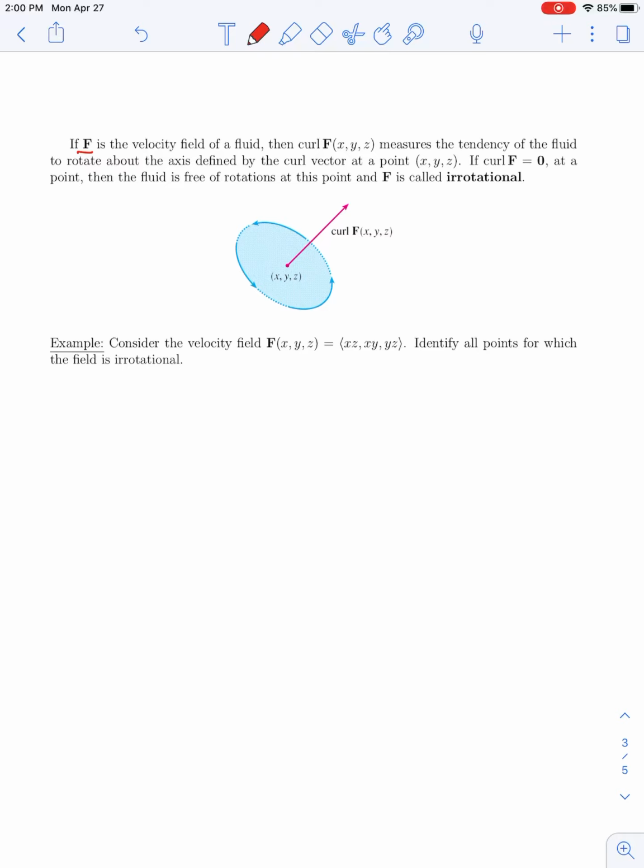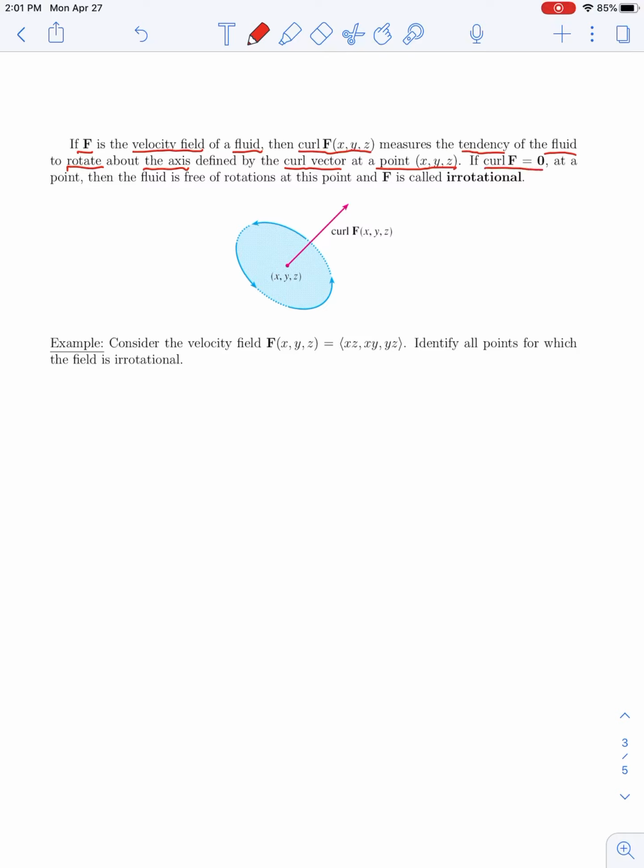Again, if we think about f as representing the velocity field of some fluid, then the curl of that field, which is itself a vector field, is a measure of the tendency of that fluid to rotate about the axis, which is defined by the curl vector, at any point x, y, z within that fluid.